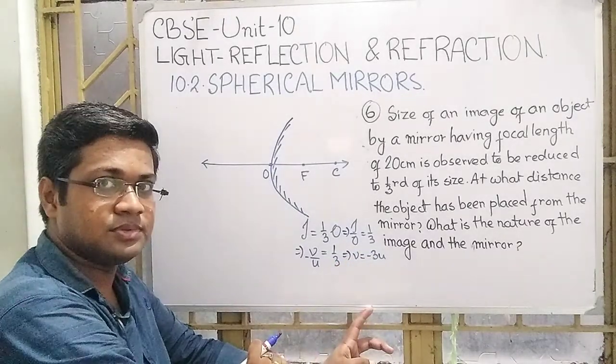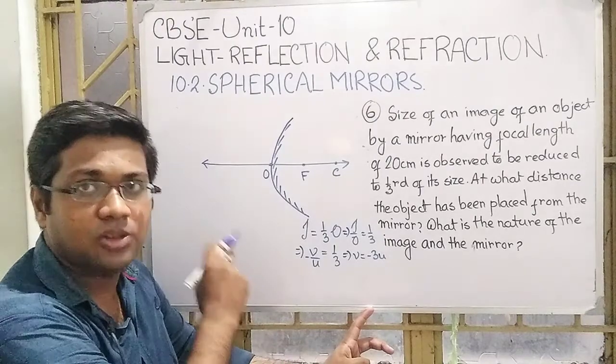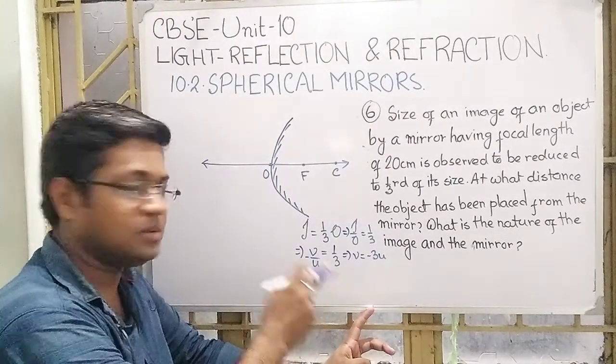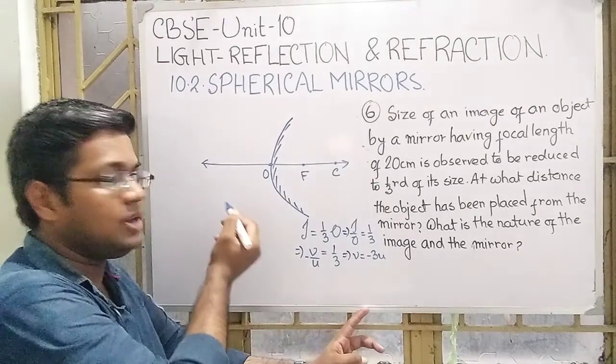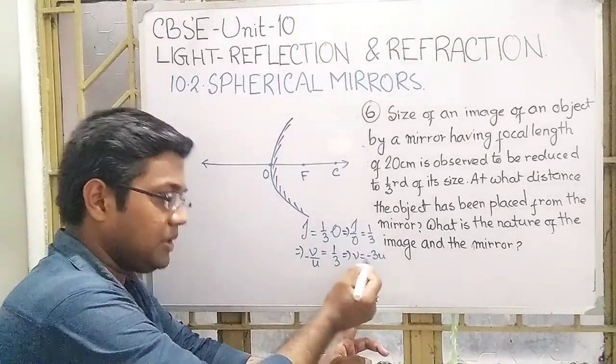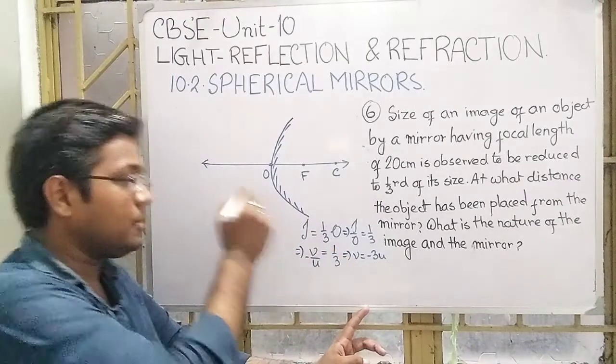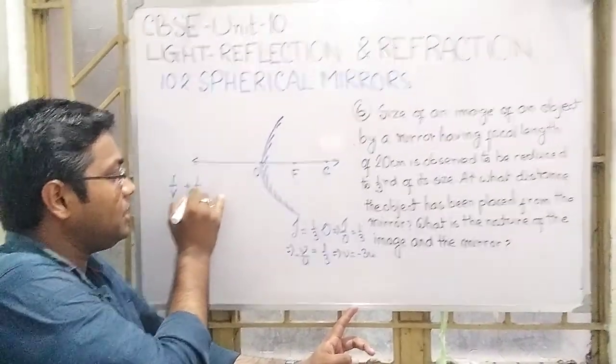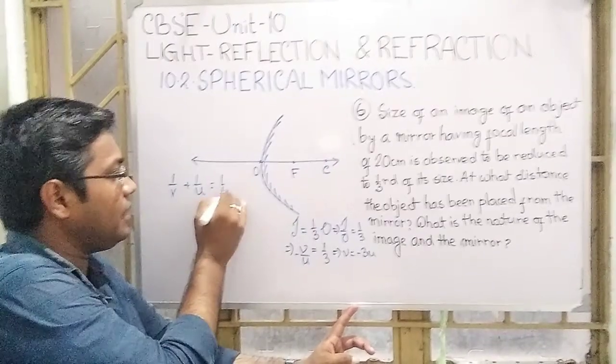The object should be placed always in front of the mirror. So u is always negative, whatever be the value of u. If u is negative, then v should be positive. So if I write down the mirror equation, then 1 by v plus 1 by u equals 1 by f.